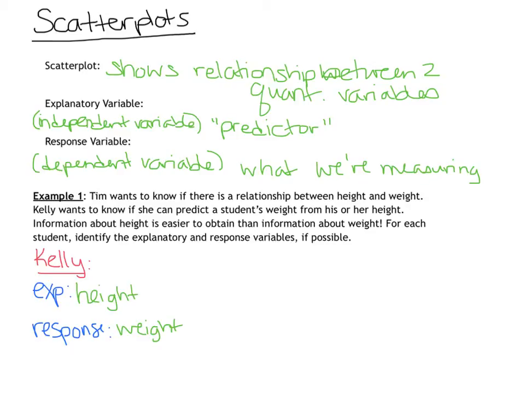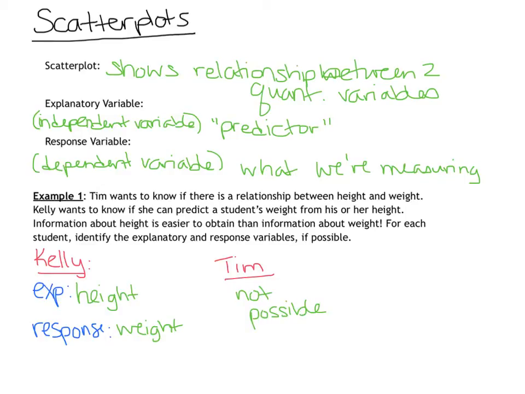So for Tim, we actually don't know what he's predicting from either thing. We don't know if these two things affect each other or if one would kind of cause the other. So actually there's no way to identify them. So I'm just going to say not possible.